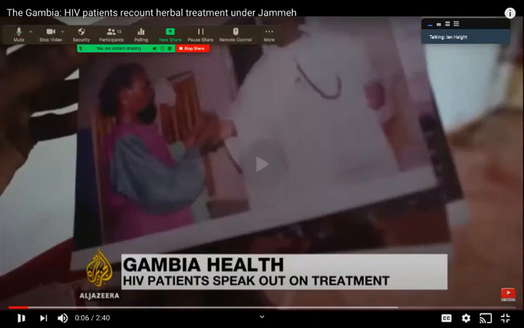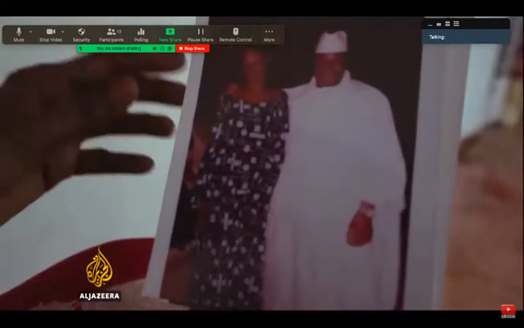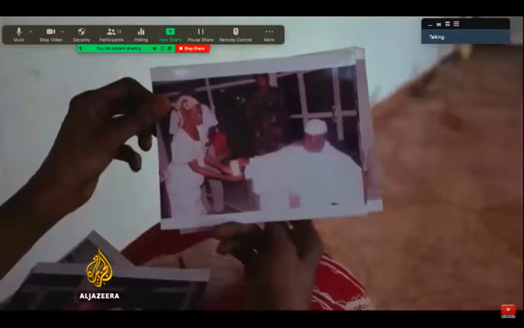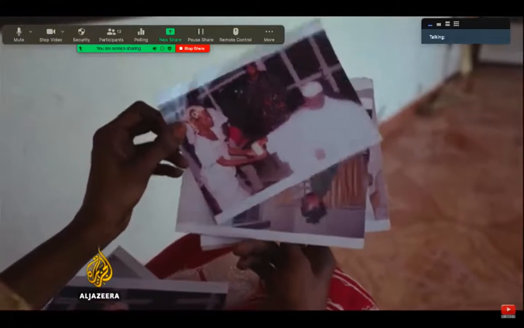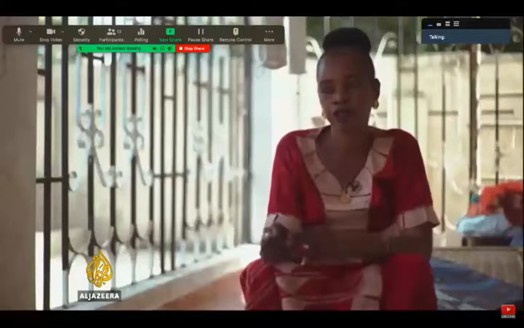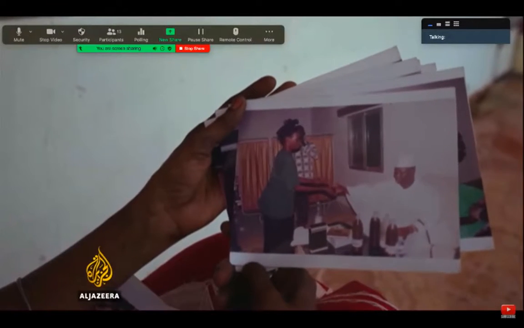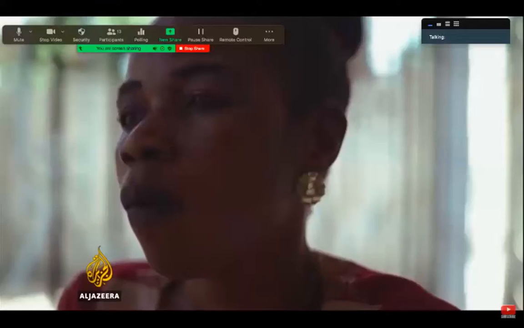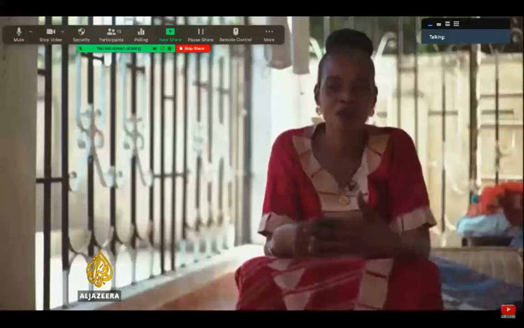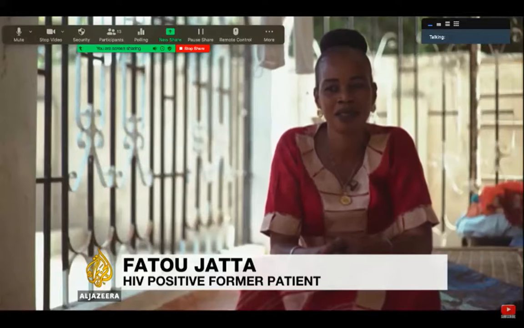Former Gambian president, Yahya Jammeh. This is Diatta with Jammeh, as she entered the clinic back in 2007. There's no cure for HIV and AIDS, and yet the former president of Gambia said he could heal infected patients. Very bad. Jammeh has a high school degree in biology. It was a disaster. Some died during the treatment, some died after discharge. He gave Fatou Diatta herbal potions he mixed himself with milk or boiled water. It was bitter. The treatment lasted 9 months. Believe me, I automatically came weak because I was not used to herbal medicine.